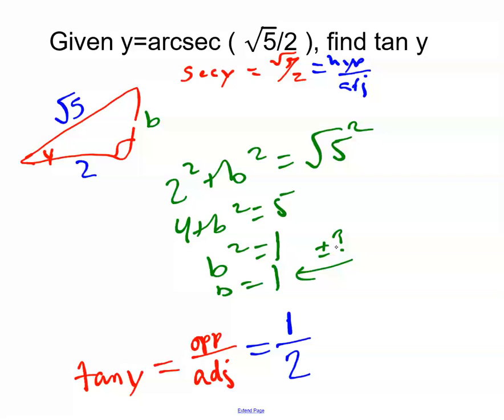Because arcsecant is the reciprocal of that, the same rule applies. Because what we're taking the arcsecant of is positive, that has to be in the first quadrant, and if it's in the first quadrant, everything is positive. So we can determine that the 1 has to be a positive 1.